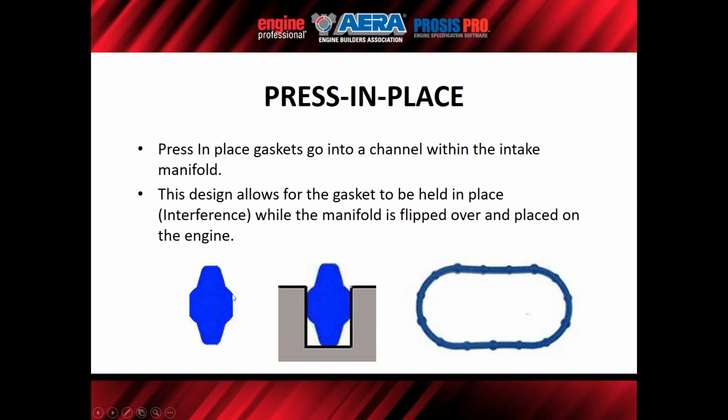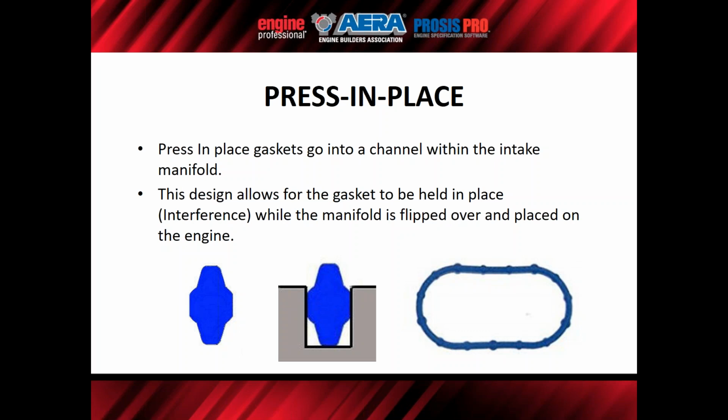So you've got these little installation tab bumps that are on the outside edges. That's what you see here, these little bumps on each side of this seal. When you press this gasket into that channel, there's interference on the left and right sides, where that seal is grabbed onto the manifold in that channel.